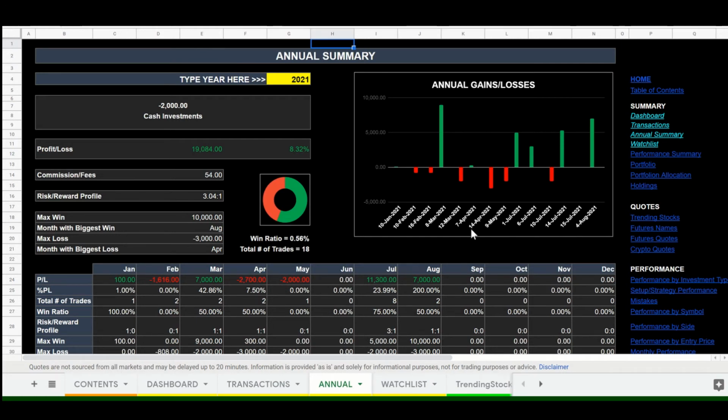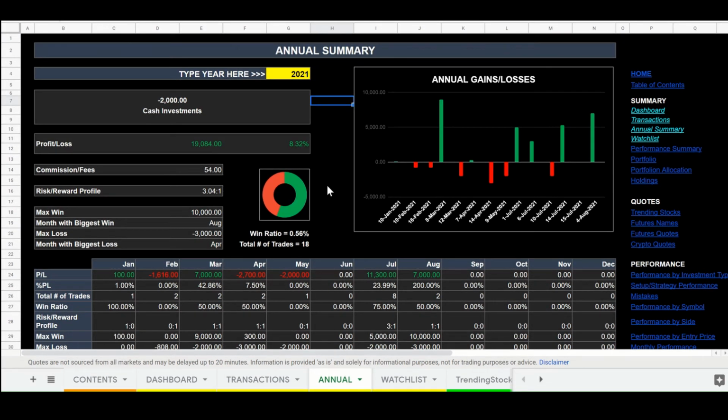So this is your overall trading for this year. So all the months, since there's no September, October, November, December yet, for this case, it shows that you made 18 trades and your win ratio is 0.56%. So that's the annual summary.